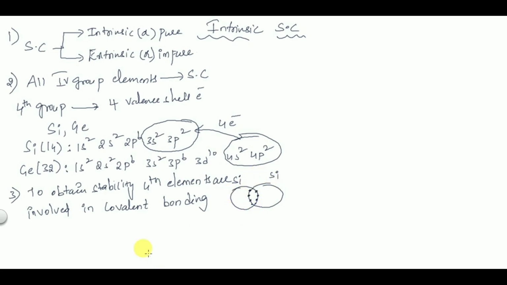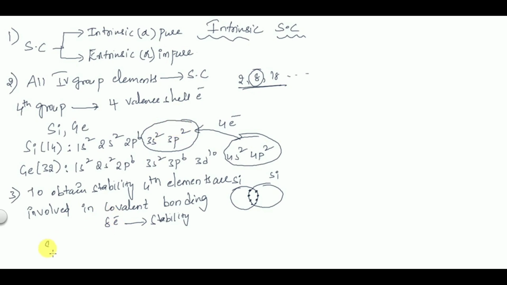We know that we require 8 electrons to obtain stability. We know the numbers 2, 8, 18 and so on, which is the number of electrons that should be there in the atomic shells to obtain stability. In order to have this stability of 8, they are going to share the electrons in the valence shell.